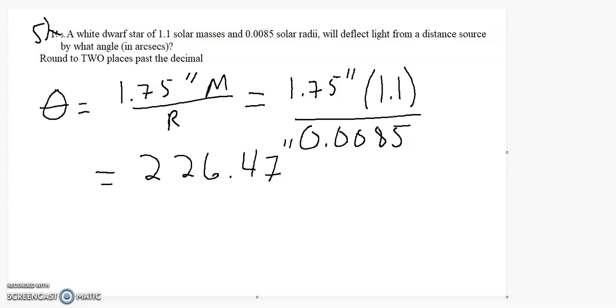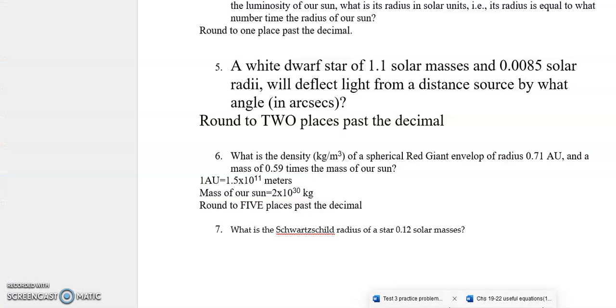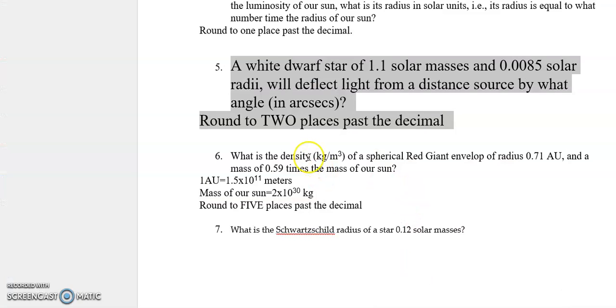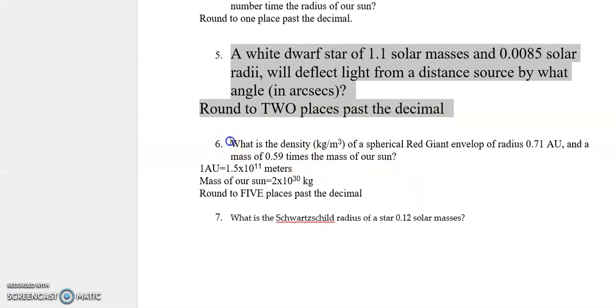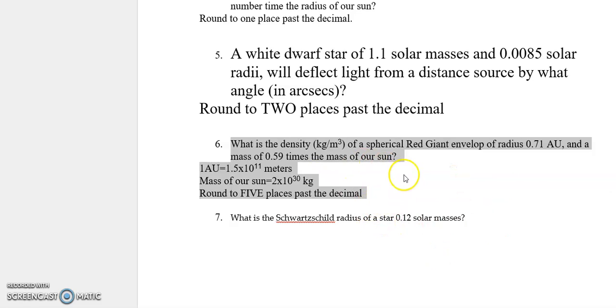Let's take a quick look at problem number 6. All right, so problem number 6 is right here. Let me highlight it. It says, what is the density of a spherical red giant envelope that has a radius of 0.71 astronomical units and a mass of 0.59 times the mass of our sun?